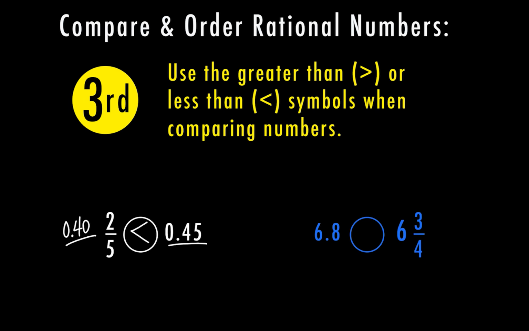So that means that 3/4 is 0.75, but you have to keep your whole number with the decimals. So now we're comparing 6.75 to 6.8. If we look at our ones position, they are both the same. So if we go to the tenths position, we have 8 and 7. 8 is larger, so 6 8/10 is larger than 6 3/4.